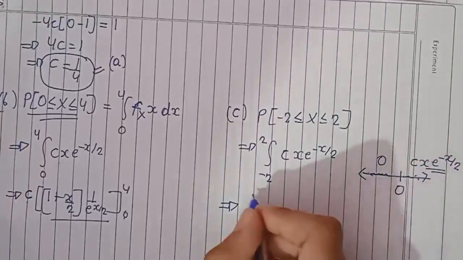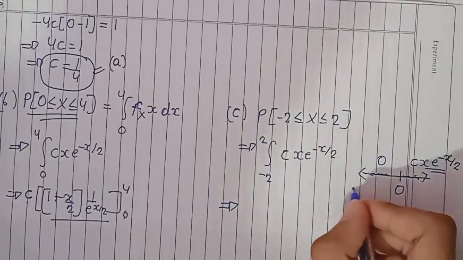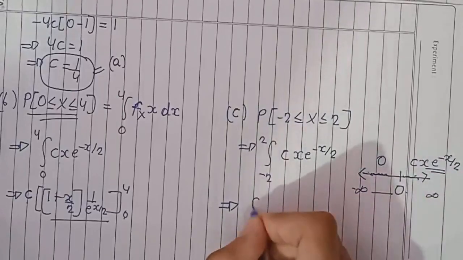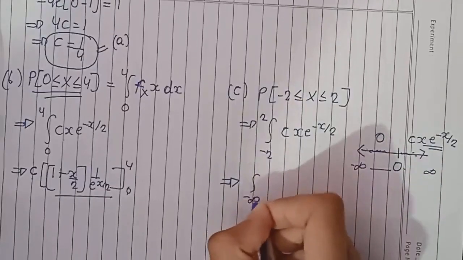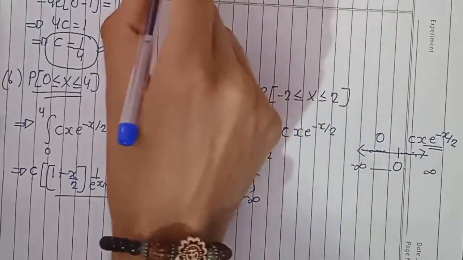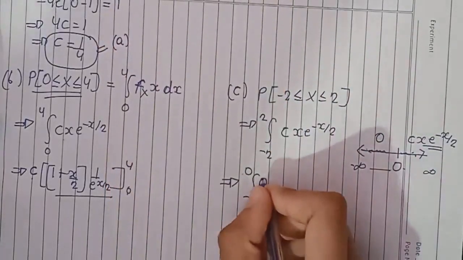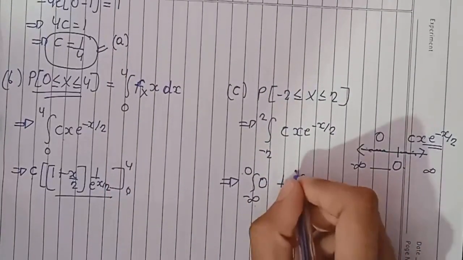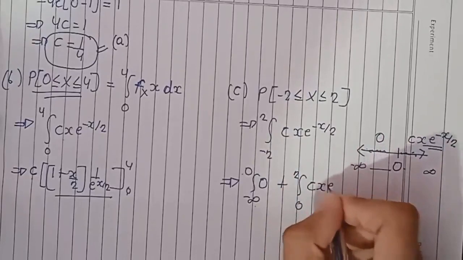So you need to make two intervals here, which is -infinity to 0, and the second one is 0 to +infinity. In the interval -infinity to 0, the PDF value was equal to 0. So you will be having 0 here, and here you will be having 0 to 2, this.